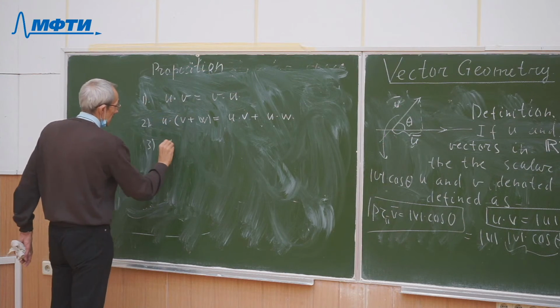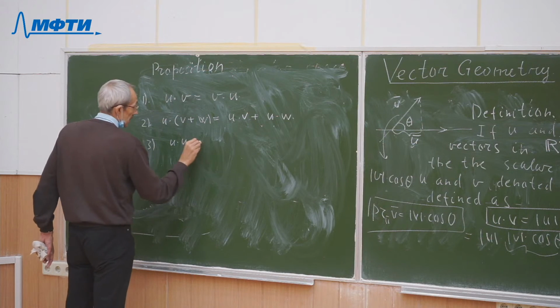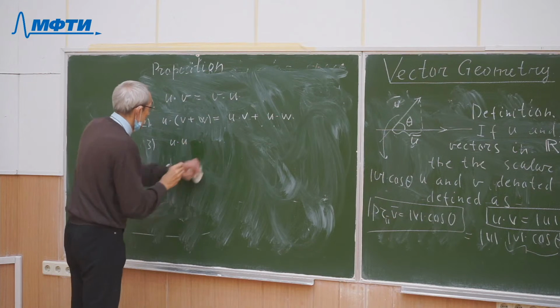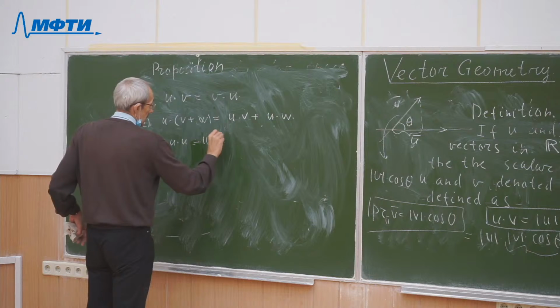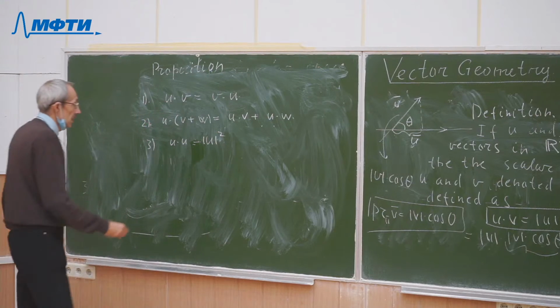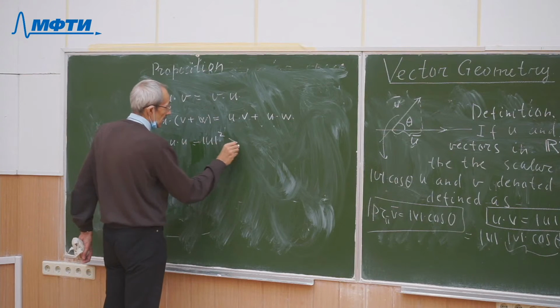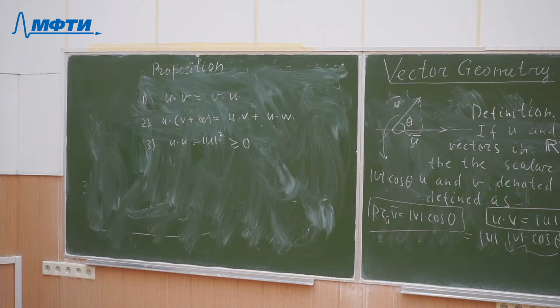Third property: the scalar product of u with itself is equal to the square of the length of vector u and is greater or equal to 0.